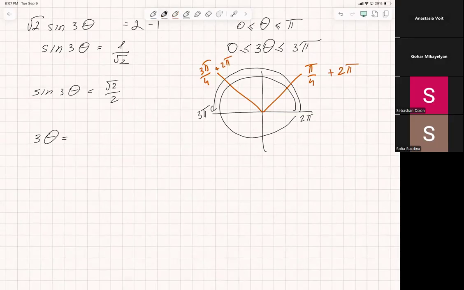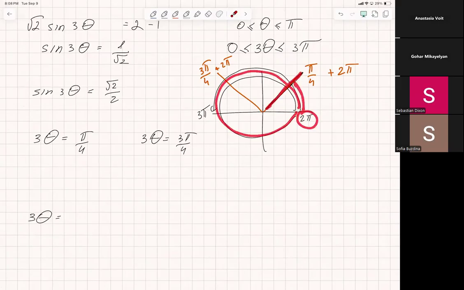So I will have 3 theta is equal to pi over 4, that's one answer, right? Then for the second answer, I have 3 theta equals 3 pi over 4. That's the second answer. And then I also have, let me put it down, 3 theta equals, now after I make one cycle, I go back after 2 pi.